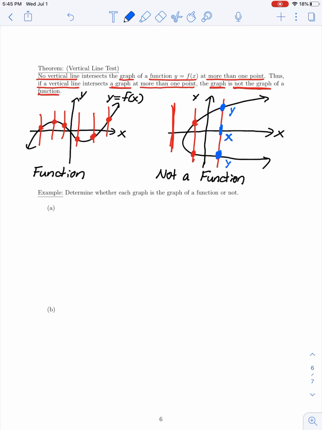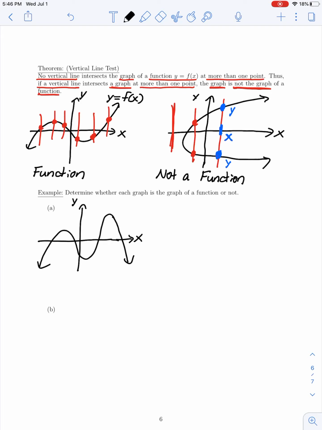So in our last example, I will ask you to determine whether each graph is the graph of a function or not. I haven't included specific examples, so let's make some up on the spot here. In part A, let's suppose that we have a curve that looks something like this. Let me sketch this a little more precisely. So in our xy plane, we have some curve that looks like the following.